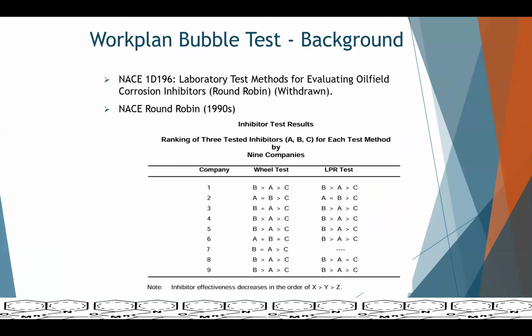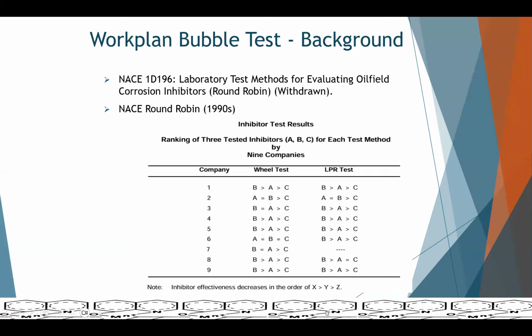Just before the webinar, we were talking to Everett Brosha from AMPP. NACE did have a technical report, 1D196, on laboratory tests for evaluating oil field corrosion inhibitors. This was published in 1996, but unfortunately it was withdrawn. While developing the technical report, they also did some round robin testing in the 1990s.